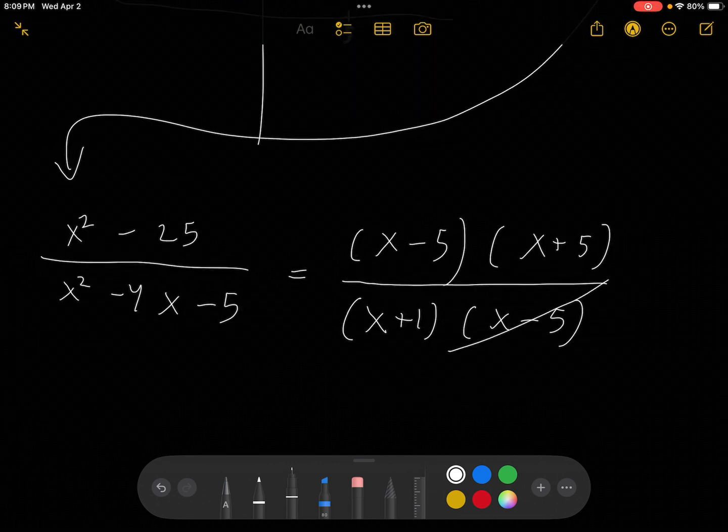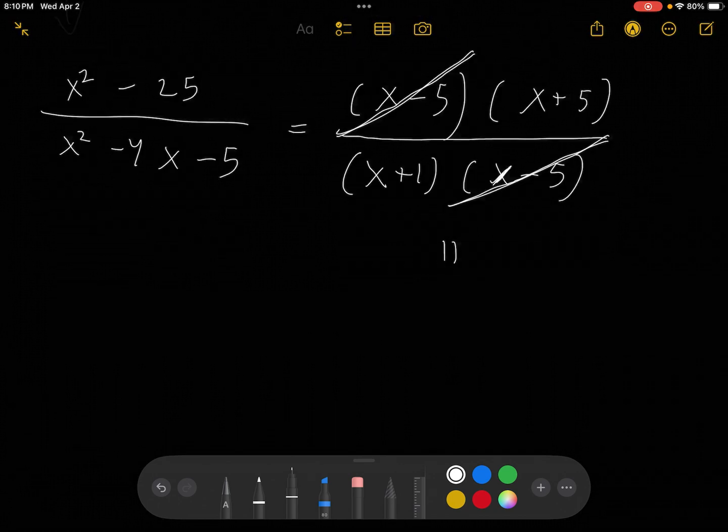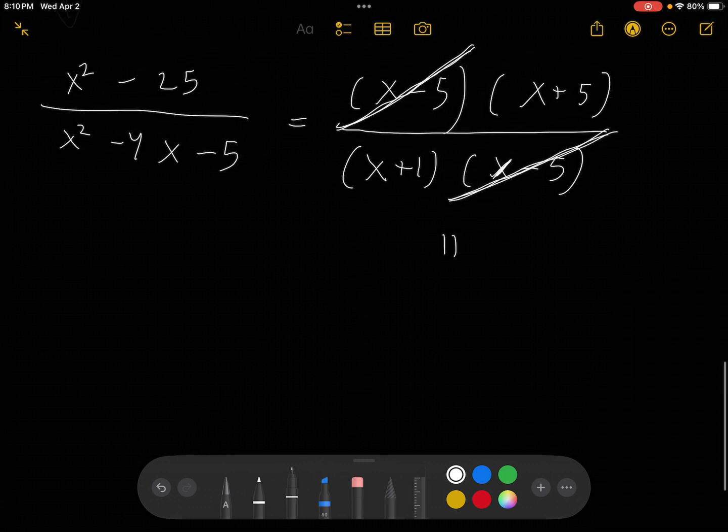And now we can see that this minus 5 and this minus 5 are going to cancel. However, we can only perform this cancellation for all values of x other than x equals 5. When x equals 5, this denominator is undefined, so this whole equation just doesn't really make sense.